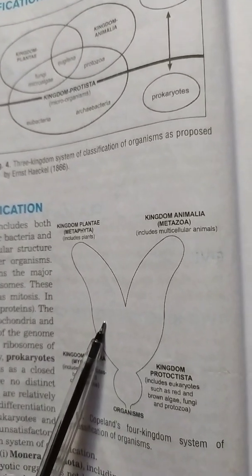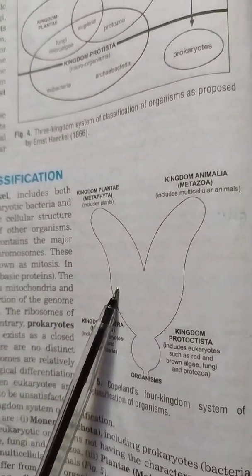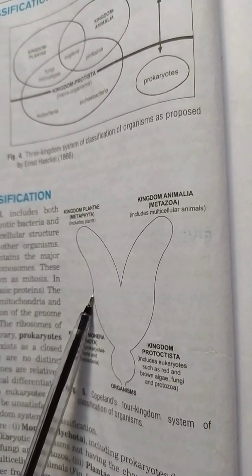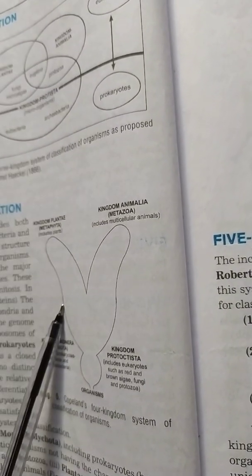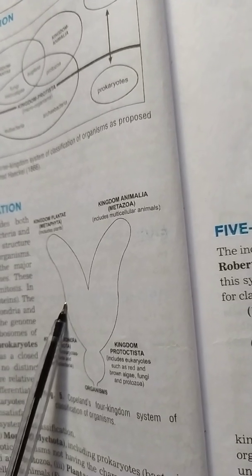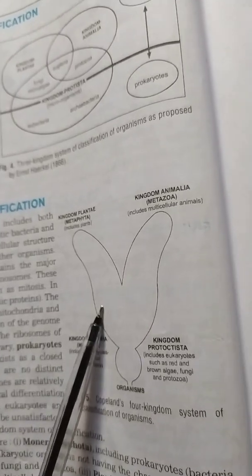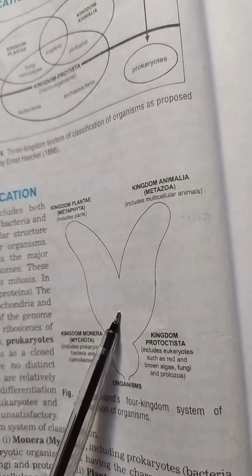The eukaryotes possess a true nuclear membrane binding the nucleus which it contains. But in the prokaryotes, there was a lack of a true membrane-bound nucleus.